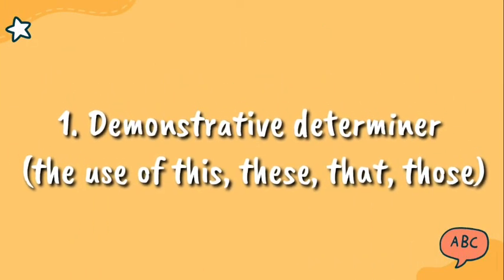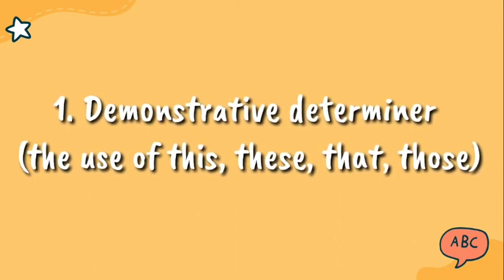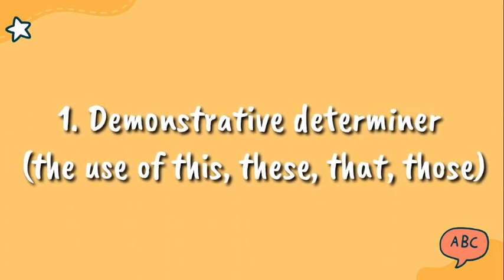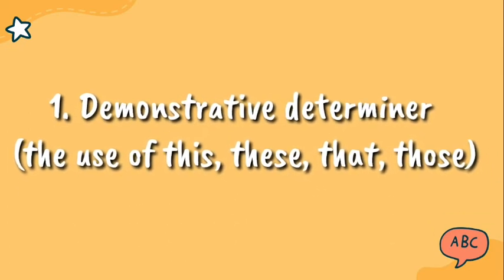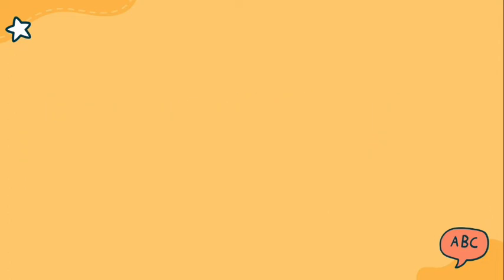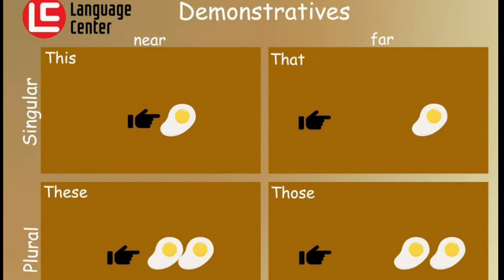Okay, students, the first Miss Reni will explain about demonstrative determiner, or the use of this, these, that, and those. So, please take a look at the picture. When you see the picture of the demonstratives, you see the singular and plural.